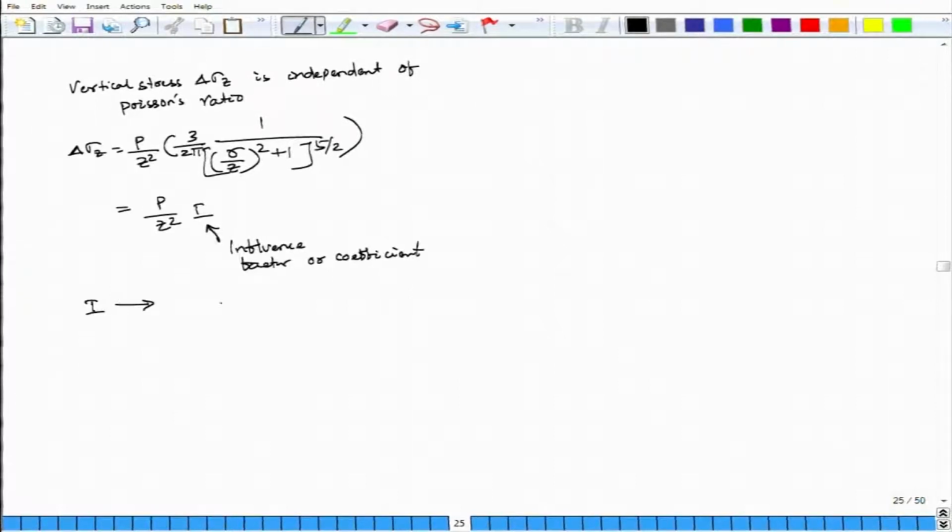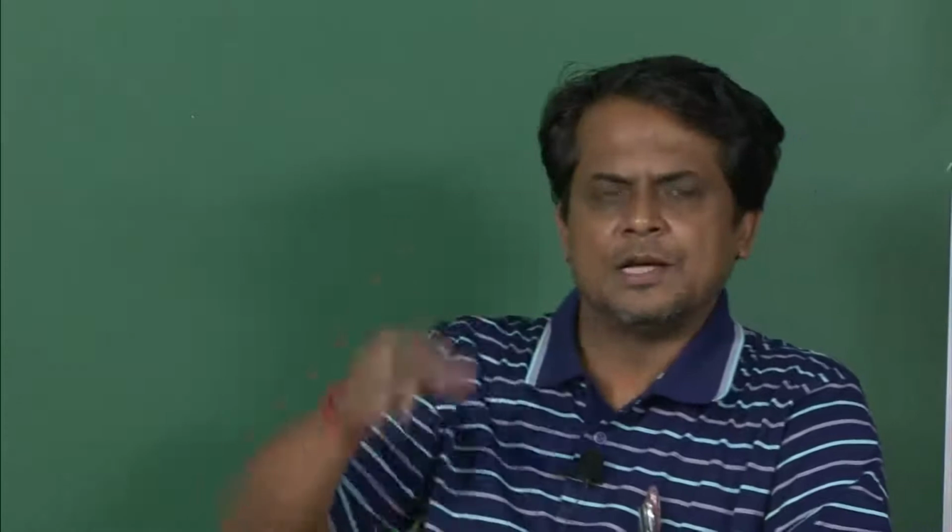R is your horizontal distance and z is your vertical distance.